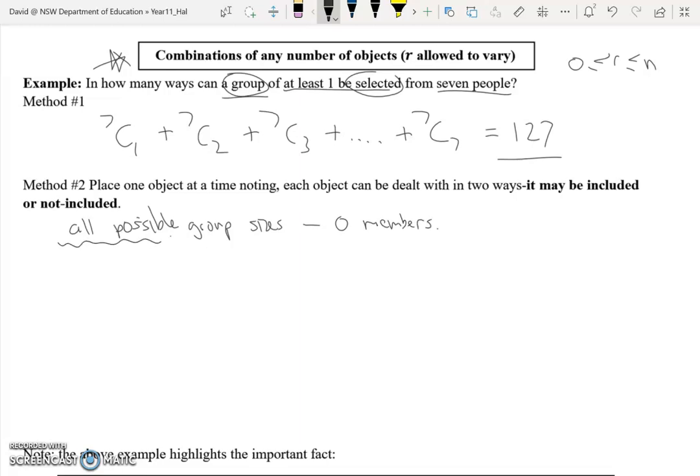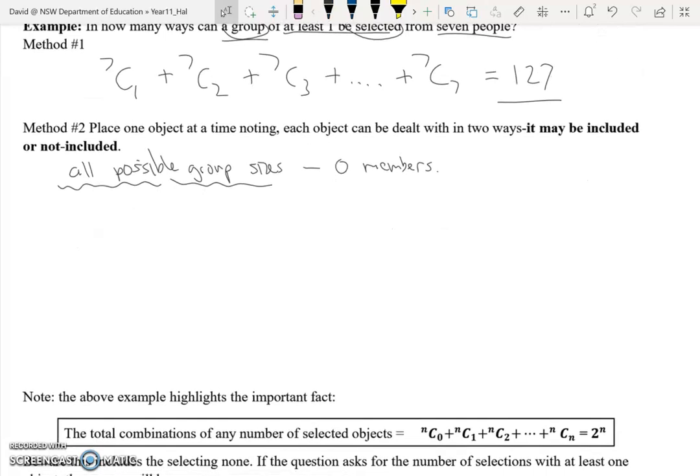The problem is that we don't have a way yet of working out how many combinations we can make with all possible group sizes if R is allowed to vary. Maybe I could do 7C0 plus 7C1, blah, blah, blah, but that's just ridiculous, and then minus 7C0 at the end. So maybe there's an easier way, and this is what the second method is.